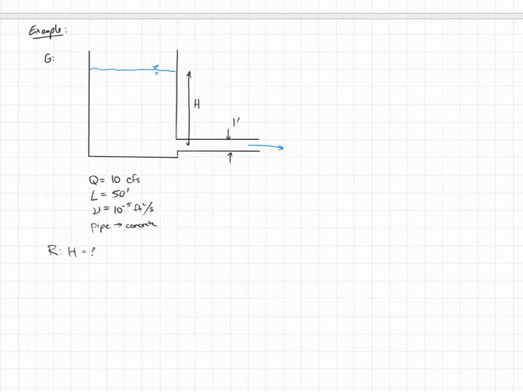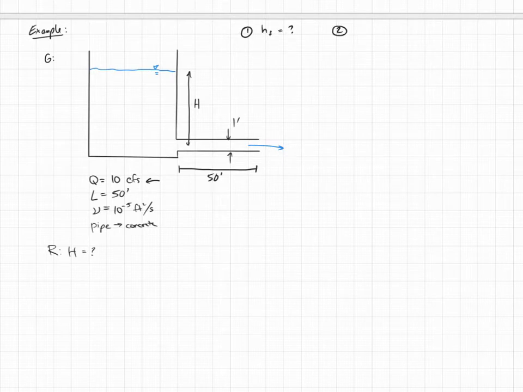Basically, we want to know how deep that water has to be in order to get a flow rate of 10 CFS if we've got a 50-foot long pipe from here to here. We know the viscosity of the fluid, and we know the pipe is concrete, which basically means it's pretty rough. Right off the bat, I don't know if this is type 1, type 2, or type 3. Remember, type 1 is basically hf equals question mark.